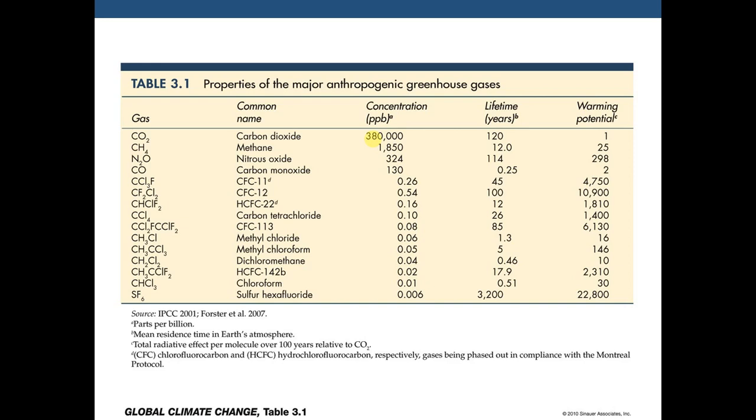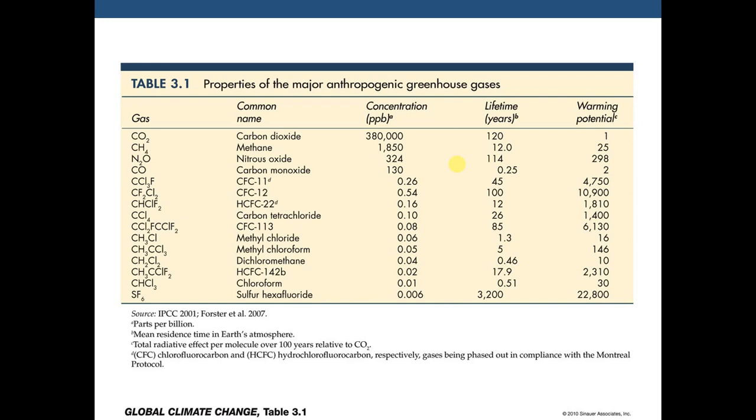Methane concentrations are near 2,000 parts per billion, or 2 parts per million, and nitrous oxide concentrations are approaching 350 parts per billion, or 0.35 parts per million. And we talked about the radiative forcing diagram. We understand that carbon dioxide has the largest radiative forcing term, or the largest magnitude of any radiative forcing term.